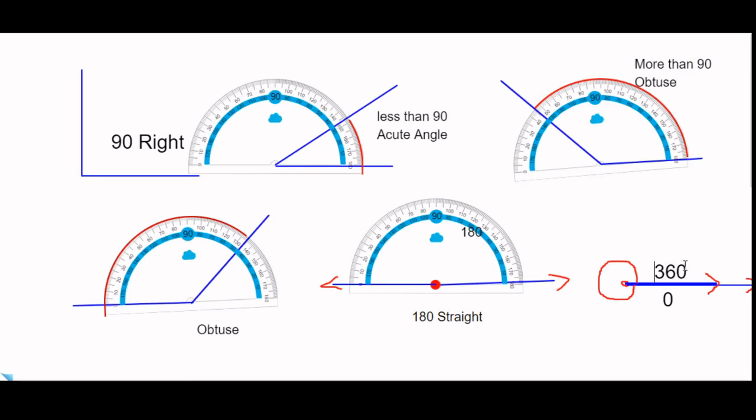This one has got two names. When it is 360, we call it as complete angle. Right here, complete.